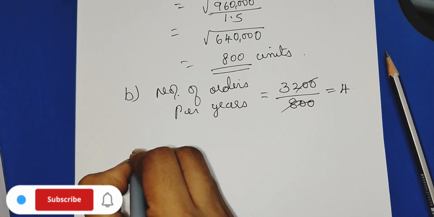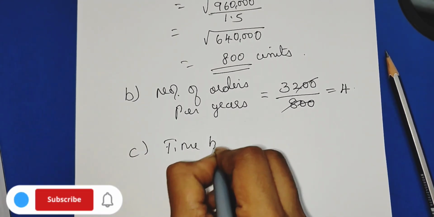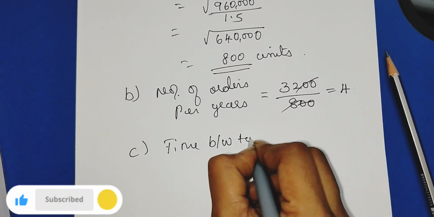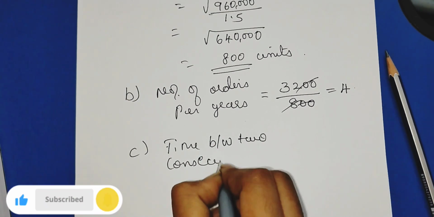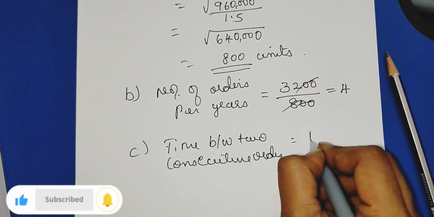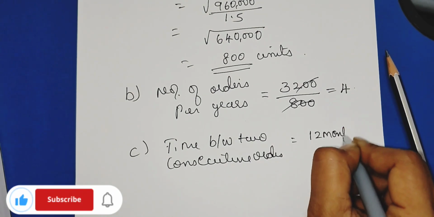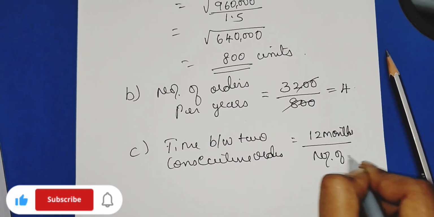Now what is the time between two consecutive orders? Consecutive orders, how many in a year? 12 months divided by number of orders.